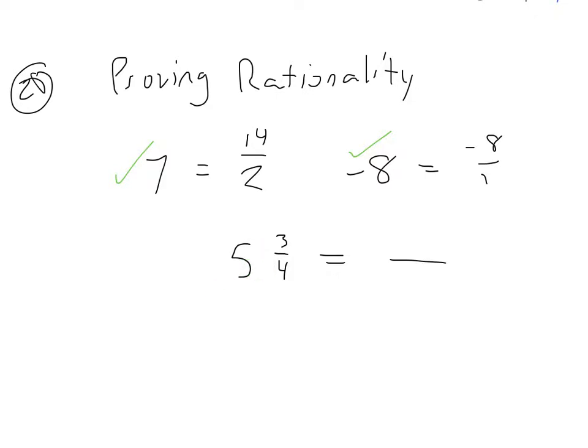Remember, we can write mixed numbers as improper fractions. So that's like saying 4 times 5 is 20, add 3. That would be 23 divided by 4. And you know what? Now I have the quotient of two integers because I have two integers, one on top, one on bottom, and then I have division right there. So guess what? 5 3/4 is also a rational number.